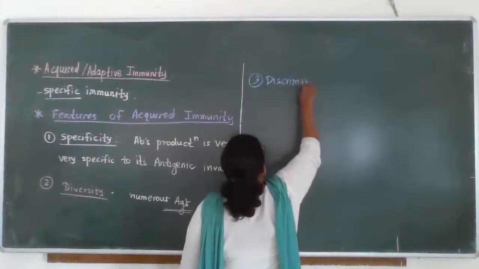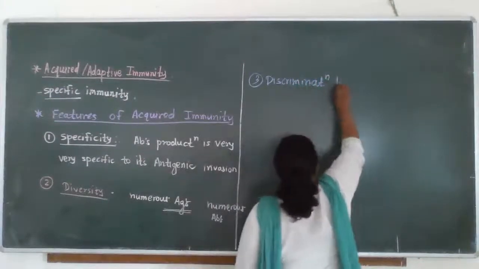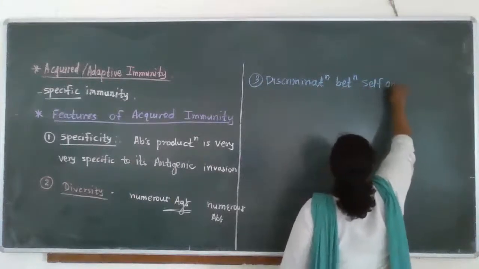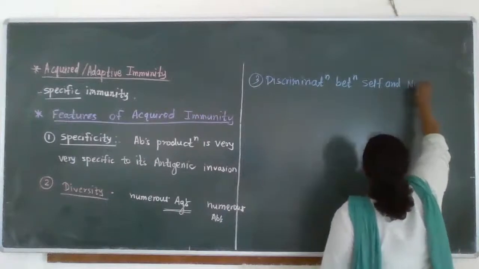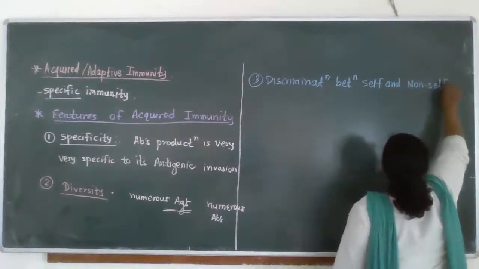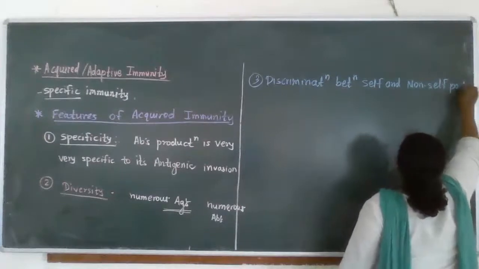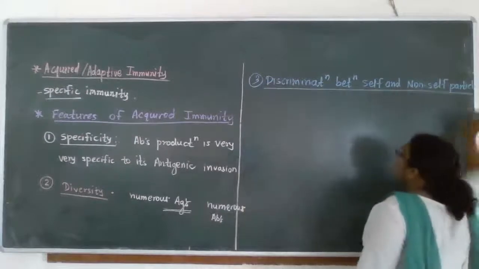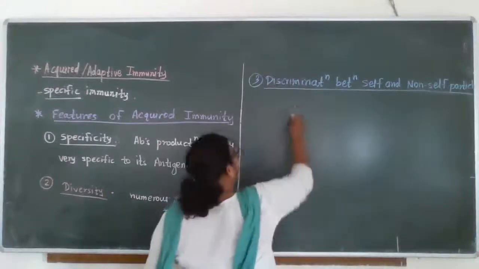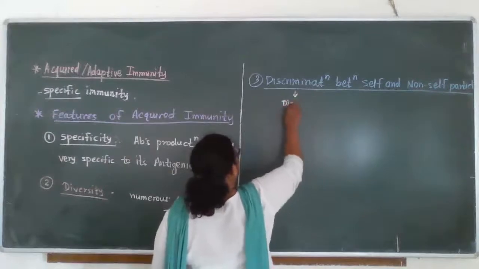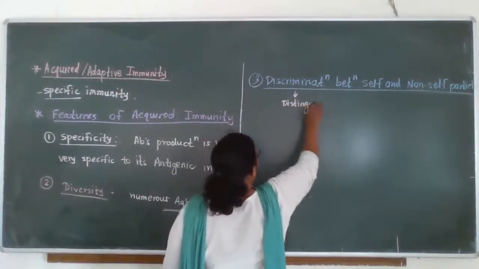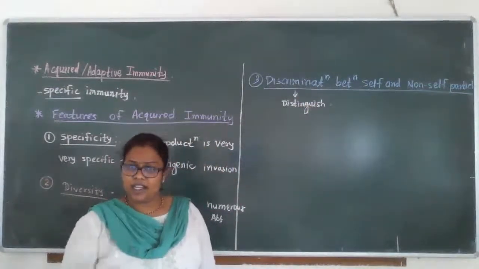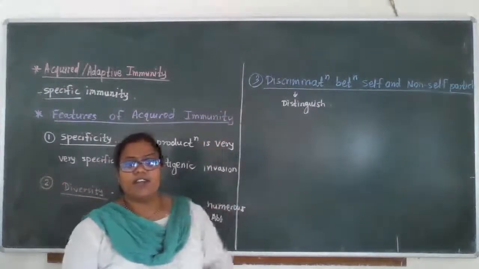Discrimination means to distinguish. So one of the features of acquired or adaptive immunity is the discrimination between self and non-self particles.